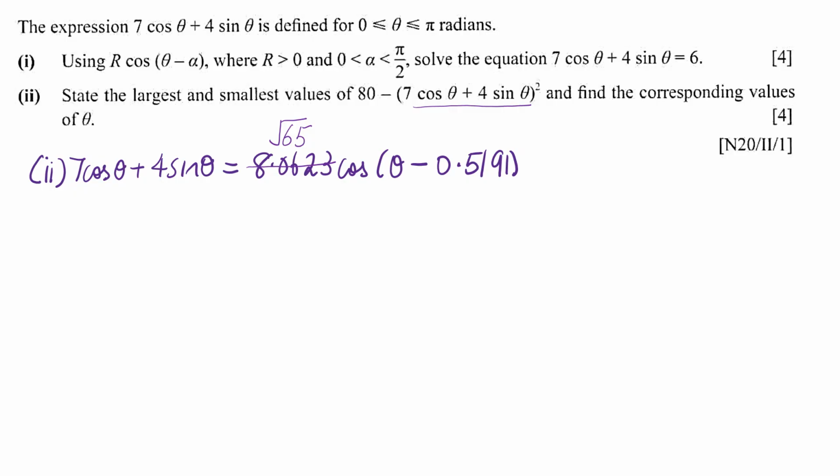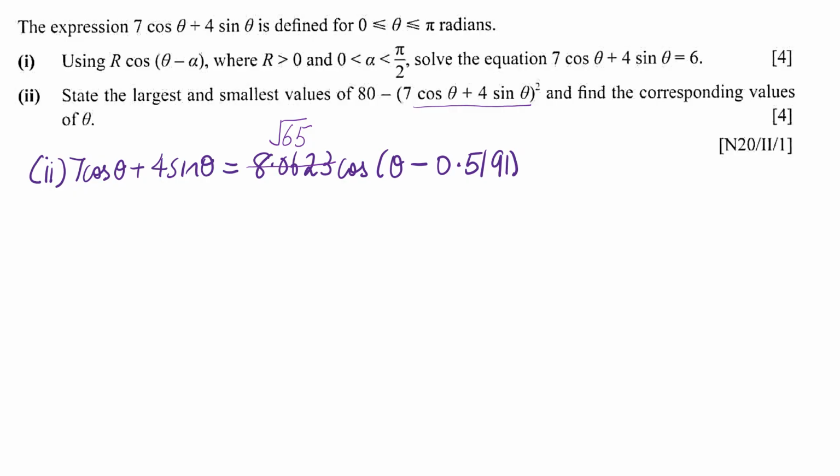Okay, why when you do that? Because if you leave it as 8.0623, and if you square it, you will not get an exact value. But if you leave it as square root 65, and you square it, you will get exactly 65. So for part 2, it's advisable to leave your r as square root 65.